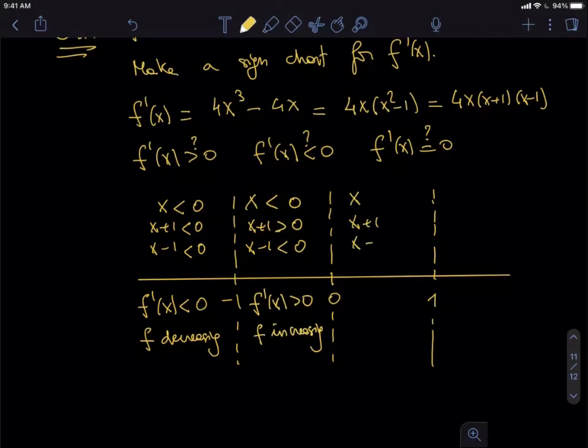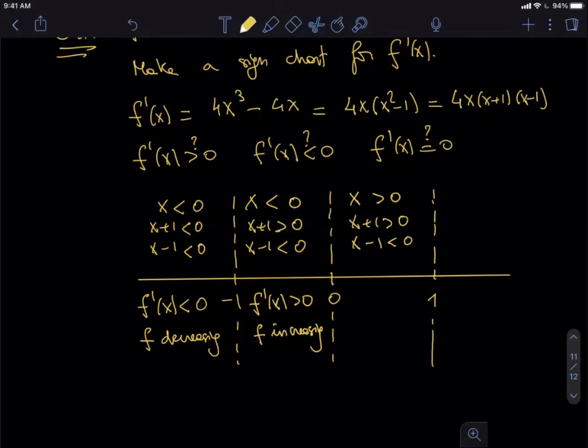x, x plus 1, x minus 1. Let's check again. Now, because we are on the right of 0, on this interval from 0 to 1, x is positive. x plus 1 is a positive number. I'm adding something positive, plus 1, so it's even more positive. And x minus 1, this one is negative, right?